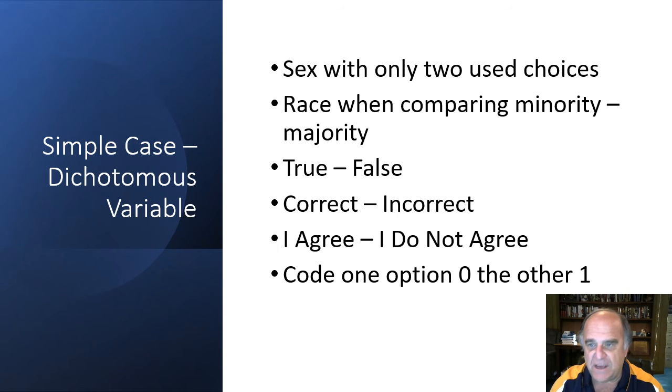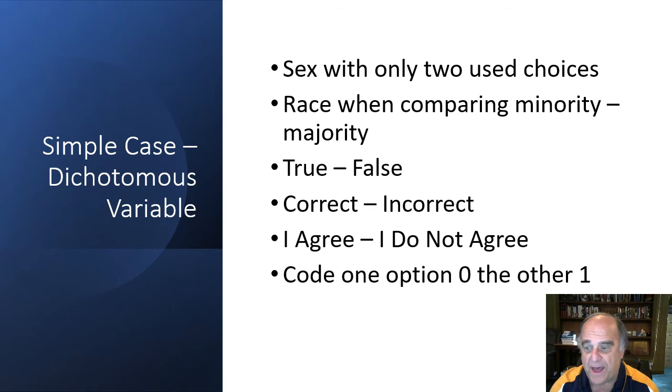So again, say we have sex coded male, female, or we have race and we've coded it minority group member, majority group member. We have answers to a test and we've coded those true, false, or correct, incorrect. Or we ask people if they agree with something: I agree, I do not agree.